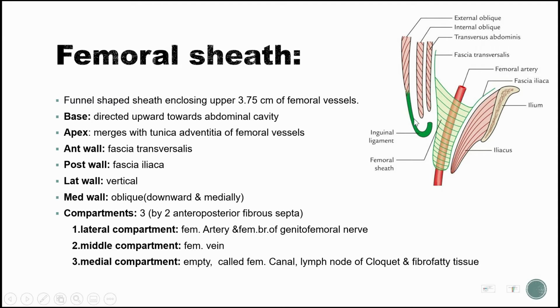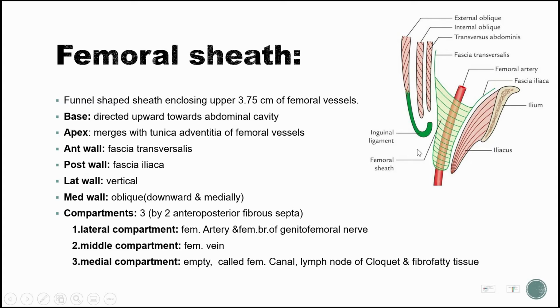We can see that the base is directed upward towards the abdominal cavity, and the apex here merges with the tunica adventitia of the femoral vessels. The vessels consist of three parts, which are adventitia, media, and intima, from superficial to deep.